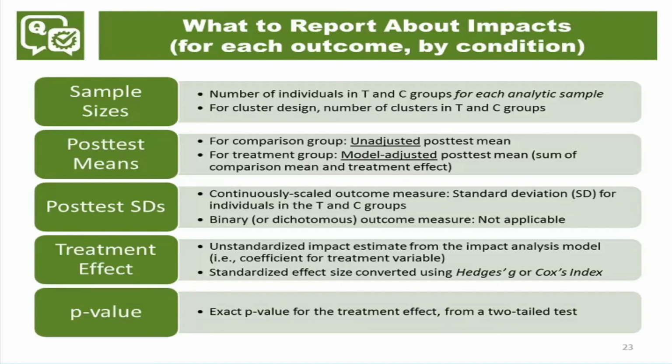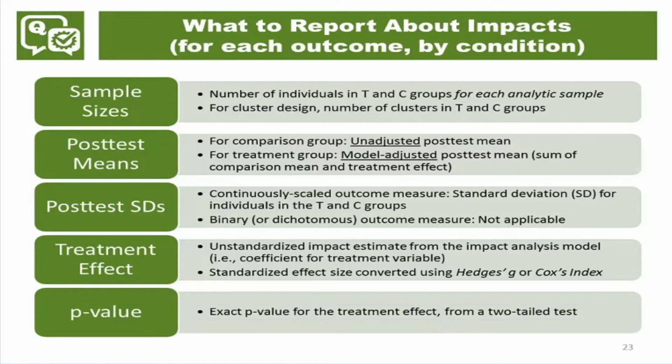And then one thing I just want to add is that if you do use imputed missing outcome data or impute missing baseline data for a design other than an RCT with low attrition, you may need to provide some additional information beyond what we've covered here, because the WWC will need to assess whether there's bias from missing data.